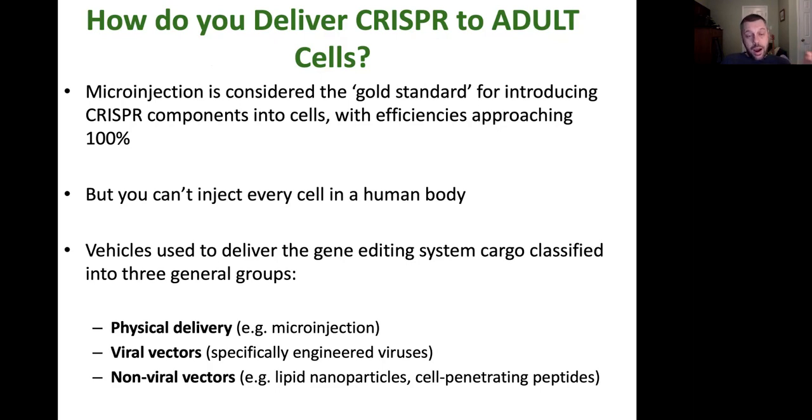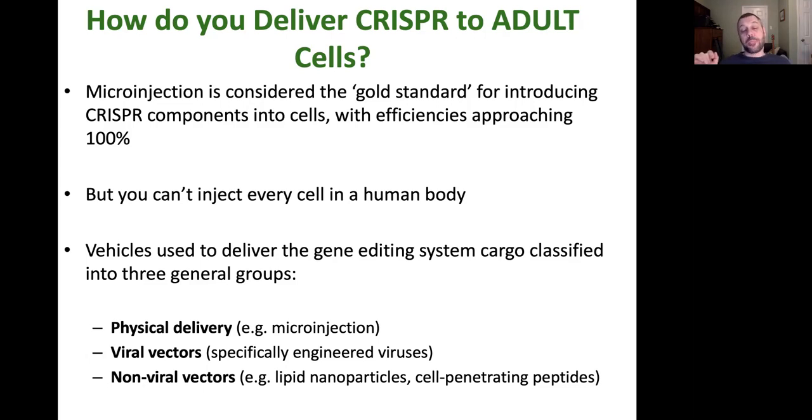But scientists are now developing what are called different vehicles, which are just different methodologies to deliver this gene editing system to different cells. You can do it by physical delivery, such as microinjection. You can use what are called viral vectors. So basically a viral vector is an engineered virus. You all know, by what's going on now, right?